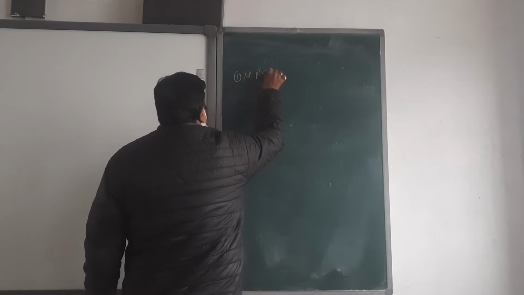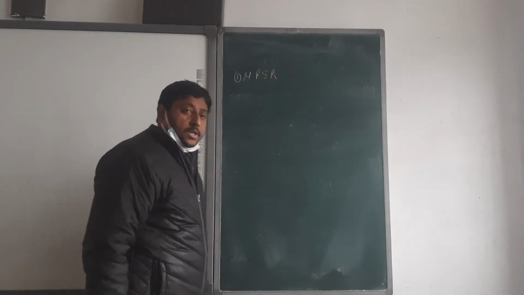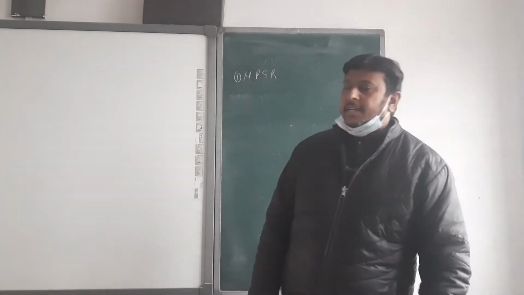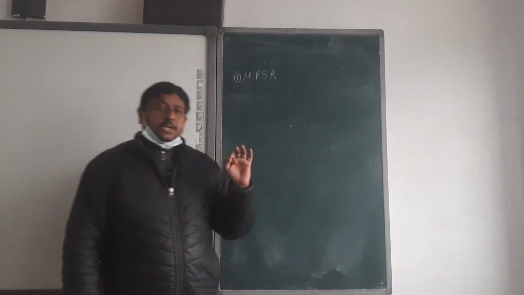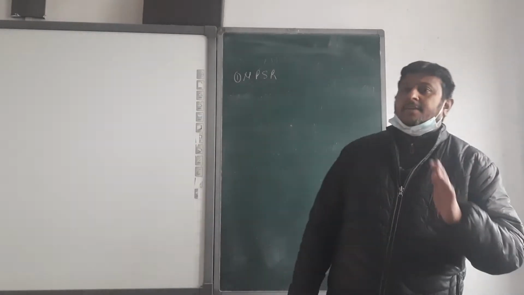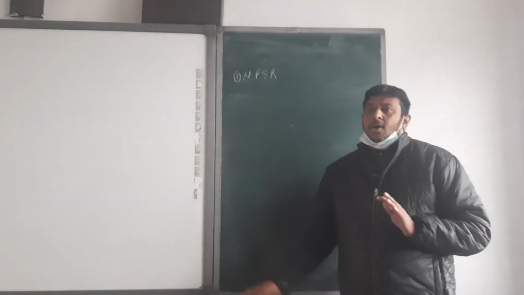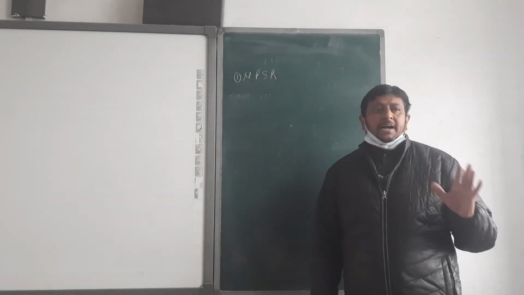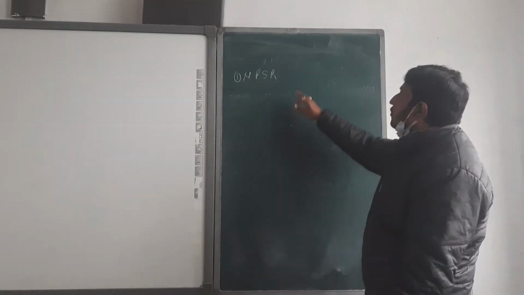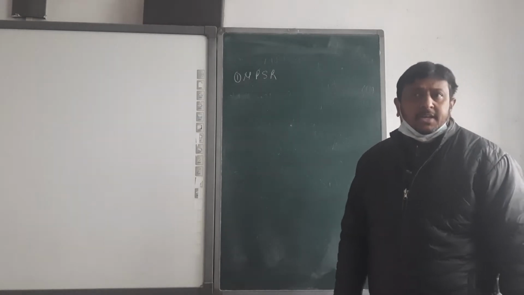First we calculate the new profit sharing ratio. Why? Because when the new partner comes, he also takes some share of the profit, and then the old partners' profit will change.